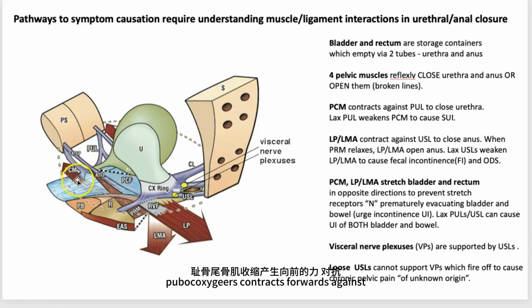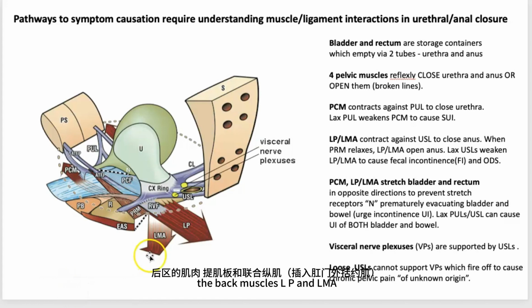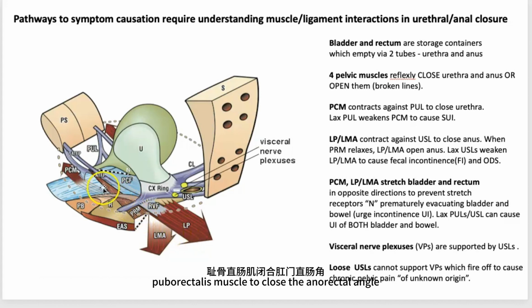Pubococcygeus contracts forwards against the pubourethral ligament to close the urethra from behind. If the pubourethral ligament is loose, then the muscle cannot properly close and you may get stress incontinence. The back muscles, LP and LMA, stretch the rectum back and down around a contracted puborectalis muscle to close the anorectal angle.